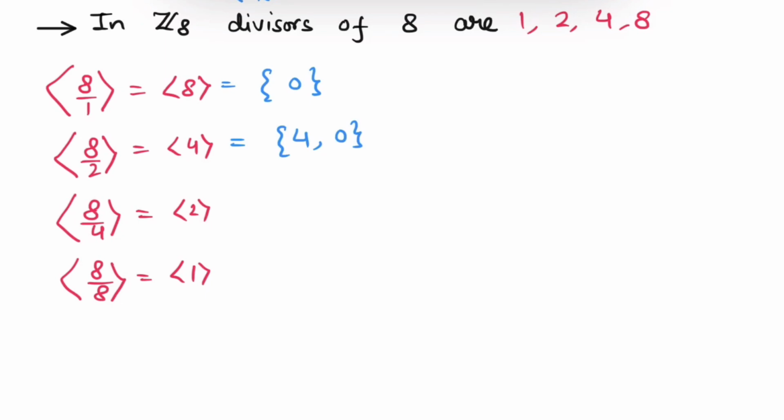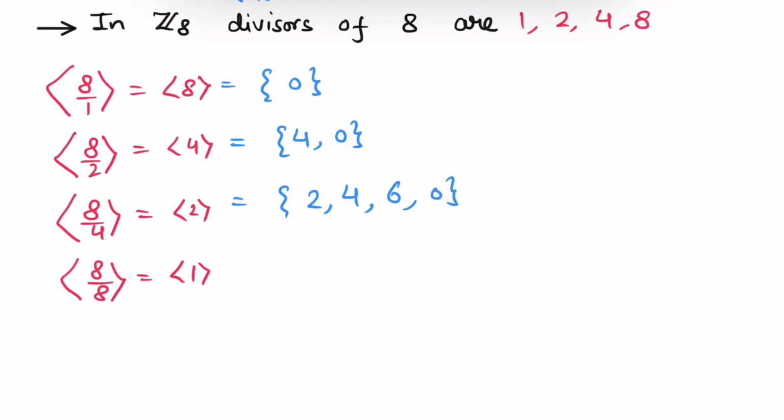Now let's form the set generated by 2 under addition modulo 8. This equals 2, 2 plus 2 is 4, and again 4 plus 2 is 6, and again 6 plus 2 is 8, and when 8 is divided by 8, the remainder is 0.